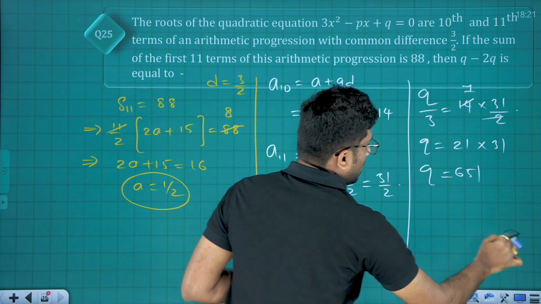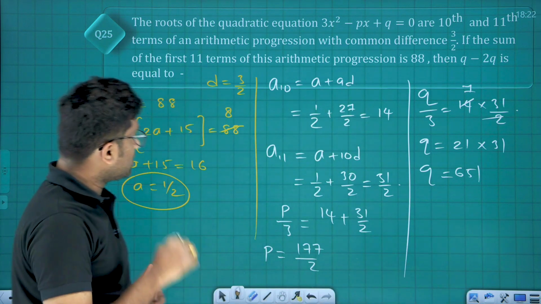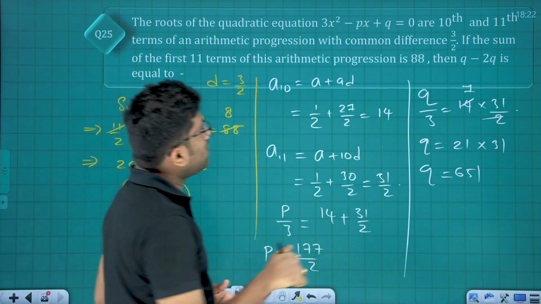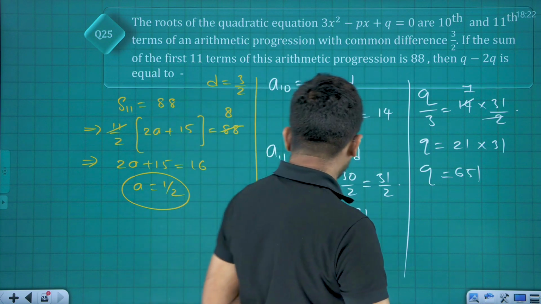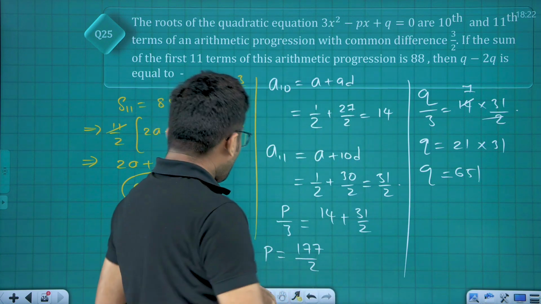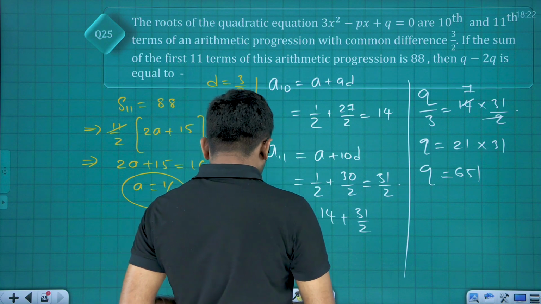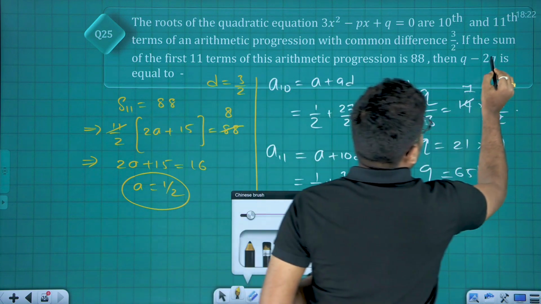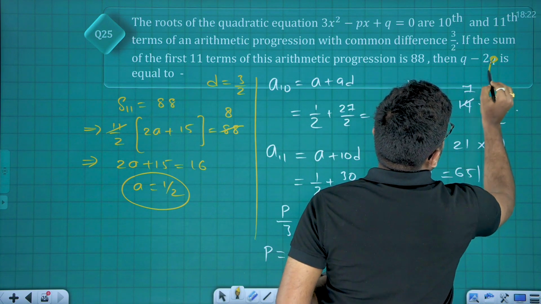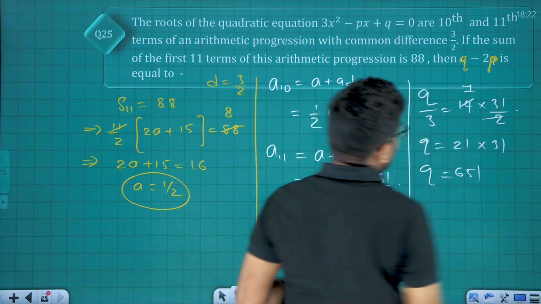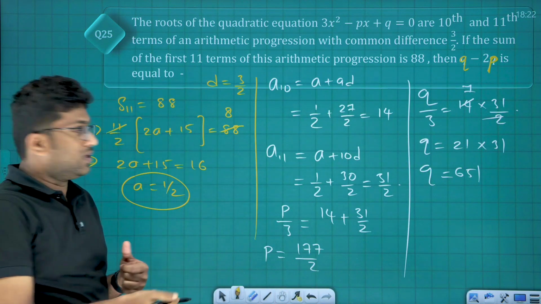Now what are they asking us to find? They are asking us to find the value of q minus 2p.